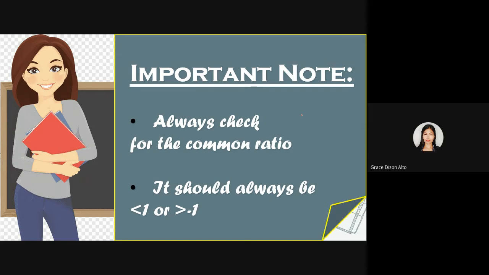So to be easier to remember, it should be less than 1 and greater than negative 1. Remember, when we say greater than a negative number, it should be a bigger number, or it should be a smaller number, because the greater the negative number is, the lesser the value. Okay, those are the 2 points to remember.